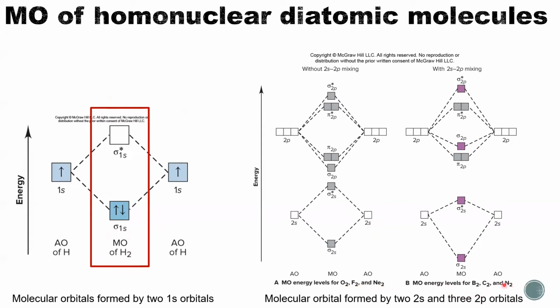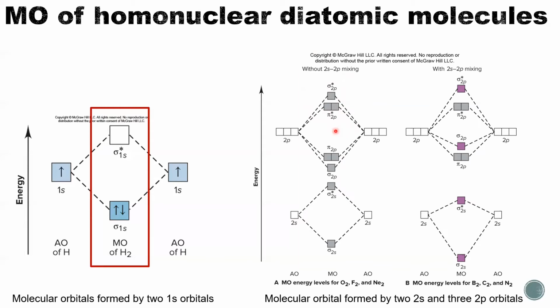We need to pay attention when they form molecular orbitals. 2s and 2s mix together to form two molecular orbitals, and the 2p orbitals can mix together to form, in total, 6 molecular orbitals. 3 of them are bonding orbitals, sigma 2p and pi 2p, and 3 of them are anti-bonding orbitals, pi 2p and sigma 2p. For the anti-bonding orbitals, we put a star on the right of the name of the molecular orbital.